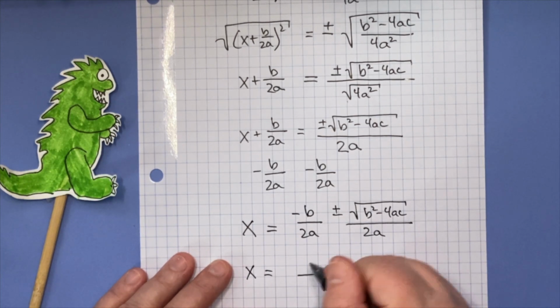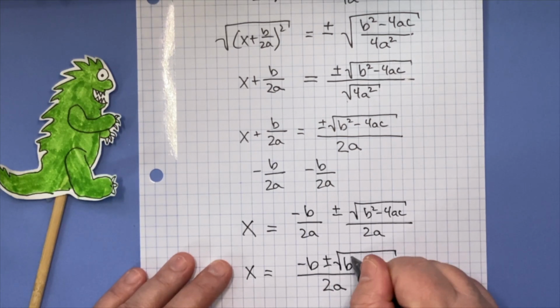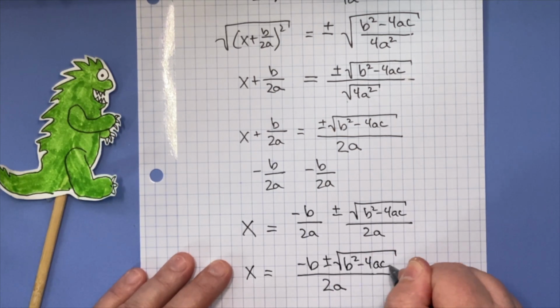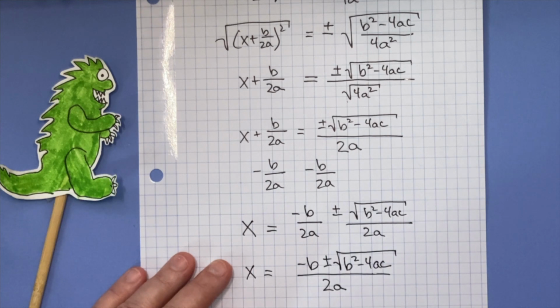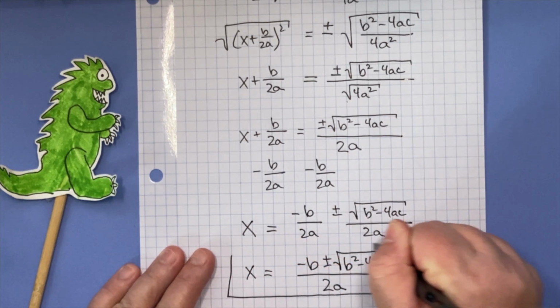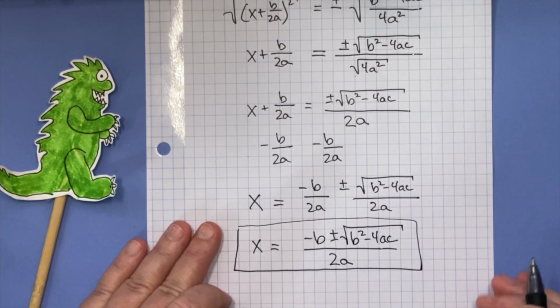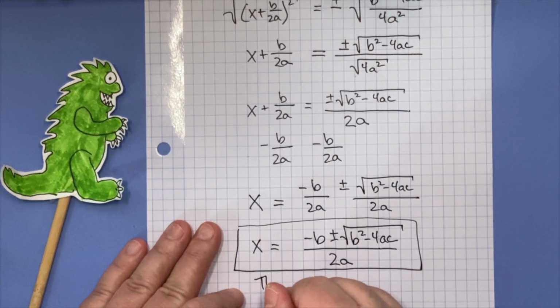Isn't that cool that they have a common denominator? I mean, as complicated as this set of steps is, didn't that work out nicely? Relatively nicely, things kind of worked out. And this is then what we end up calling the quadratic formula. Woohoo!